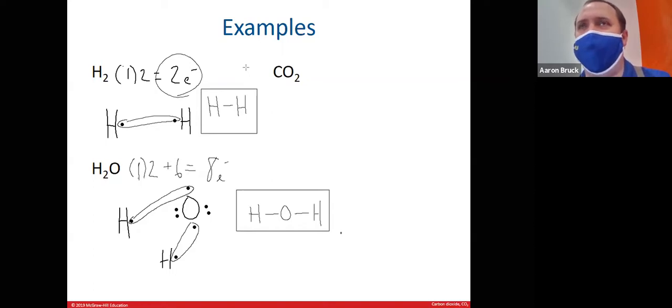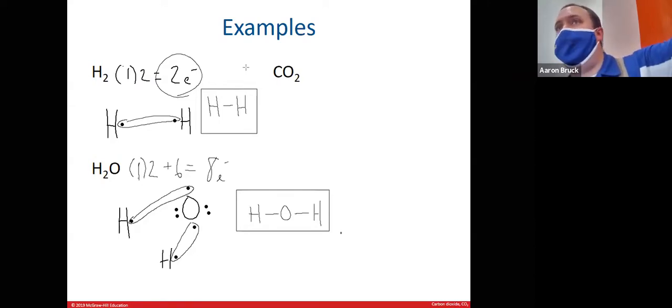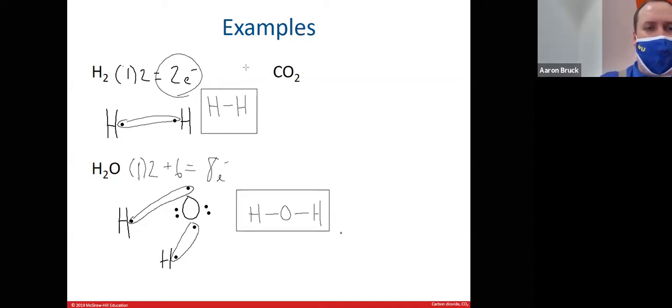Anybody else say anything? I have no dots showing, so none from there. I've got 2 bonds showing. Each bond is worth 2 electrons. 2 times 2 is 4. So this structure, as drawn, only has 4 electrons in it.